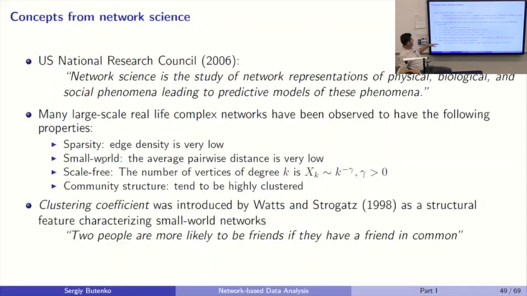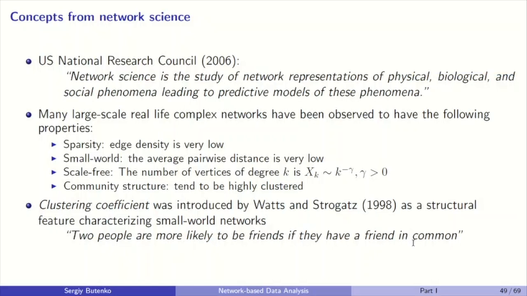This is something that they describe with the observation: two people are more likely to be friends if they have a friend in common. Connections in the real world, like in social networks, don't happen randomly, but you're more likely to get to know people with whom you have common friends. And to quantify this level of clusterability, network scientists introduced the clustering coefficient.